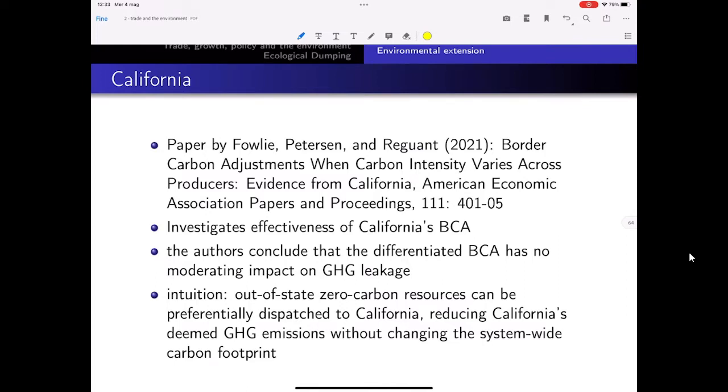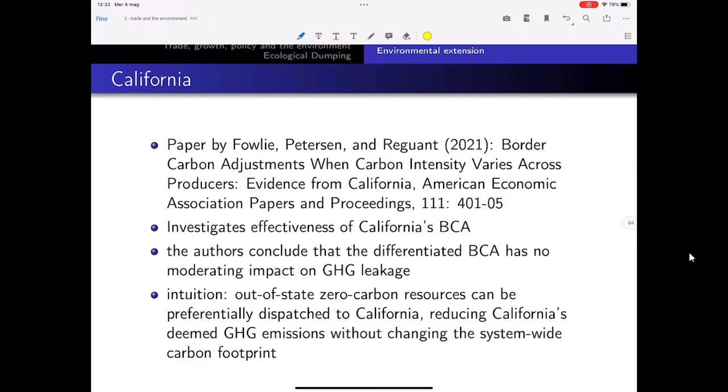Since it's costly to import, you import the products that have low emissions, so you don't have to pay costs. But the other products are just supplied to other regions where no such system is in place. And so overall, the authors conclude you have no impact on the system-wide carbon footprint.